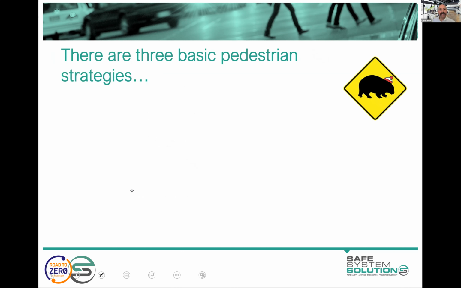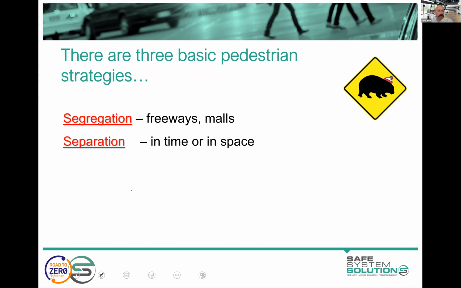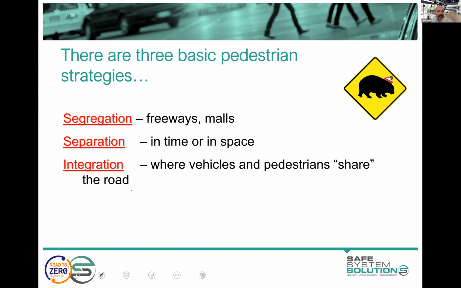So there are three basic pedestrian strategies. Segregation, being that this is an area for pedestrians and not vehicles, or this is an area for vehicles and not pedestrians. Separation in time or space, and integration, where pedestrians and vehicles are sharing the same area. So let's have a quick look at that.